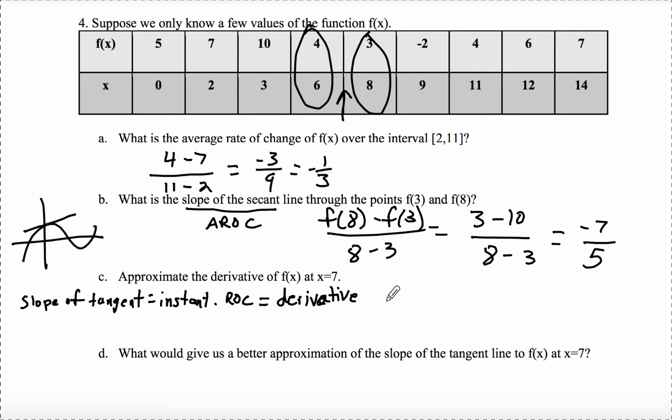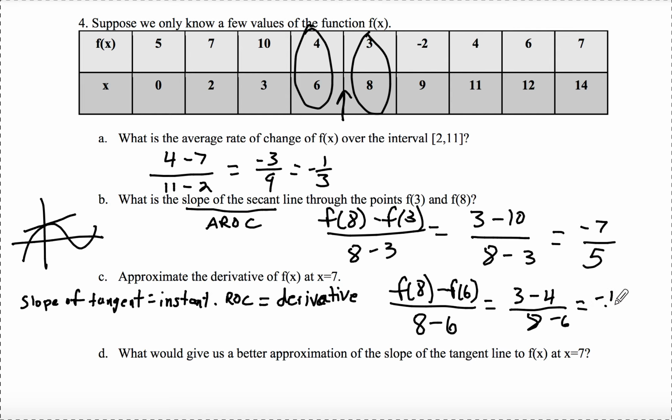We could say that the derivative at 7 is going to be approximately f(8) minus f(6) over 8 minus 6. That'll get pretty close to figuring out the slope at 7. We find the slope between two nearby points. All right? So f(8) is 3, f(6) is 4, over 8 minus 6 will give us -1/2. There we go.